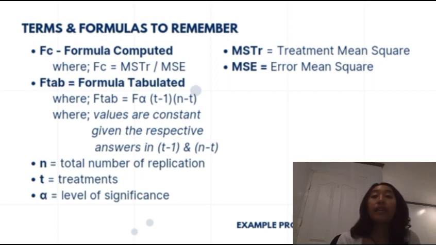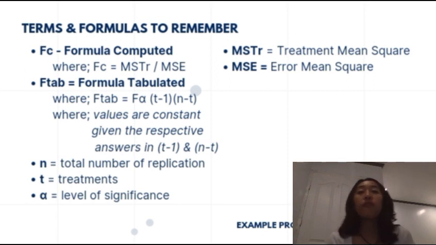Given below, FC is equal to MSTR over MSE. And then the F tab, the F tabulated, is equal to F alpha, T minus 1 and N minus T, where T is our treatments and N is the total number of replicates.